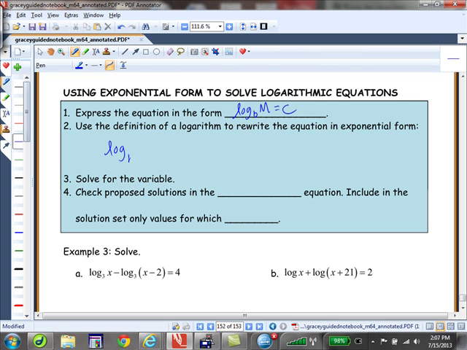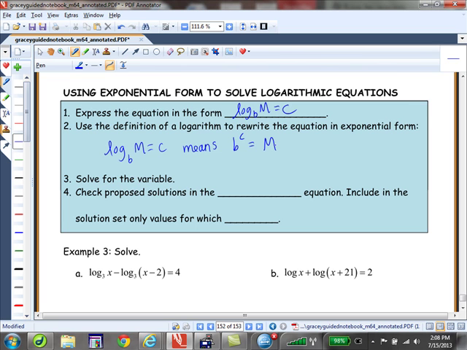So log base b of m equal to c means that b raised to the c is equal to m. This works when you know what c is and there are unknown values inside the logarithm.